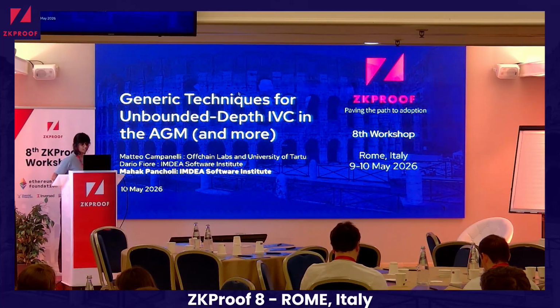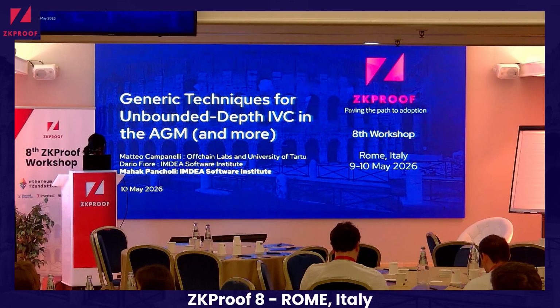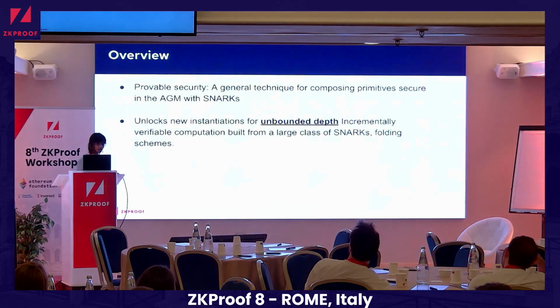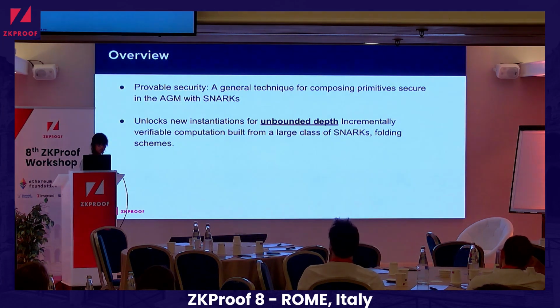So this is joint work with Matteo Campanelli and Dario Fiore. In general, in this talk I will talk about provable security for certain types of cryptographic primitives, like a certain design paradigm, and specifically about when you compose primitives that are secure in the AGM with SNARKs, how do you prove security for those?